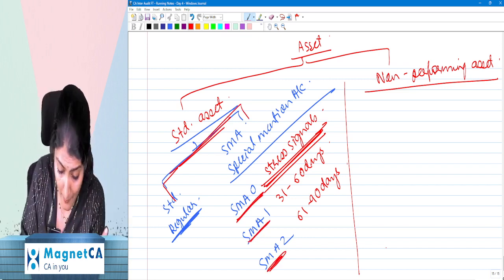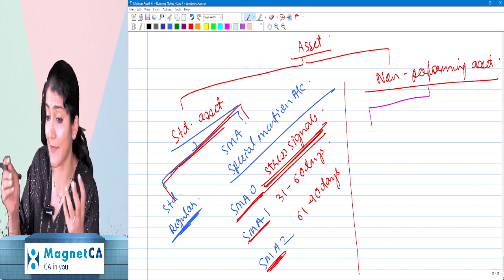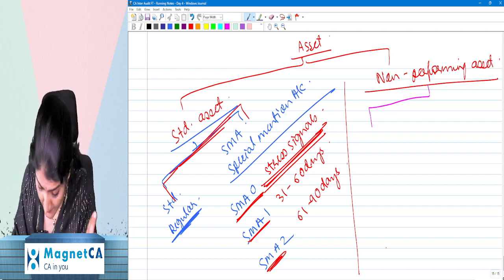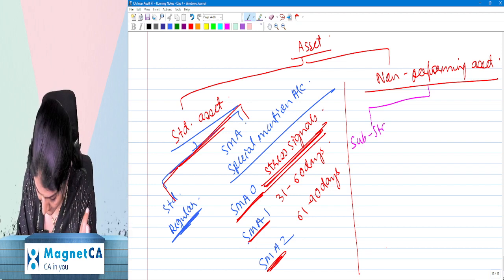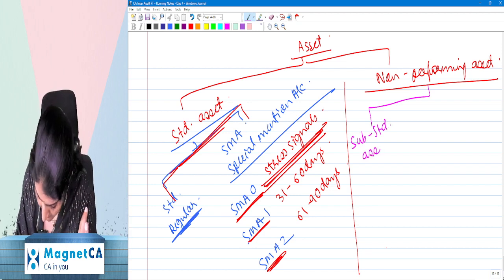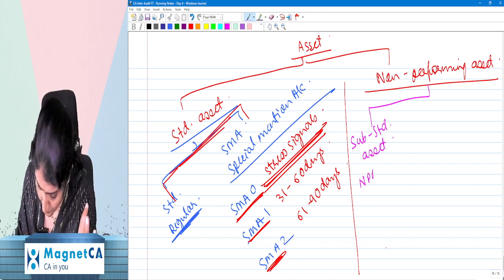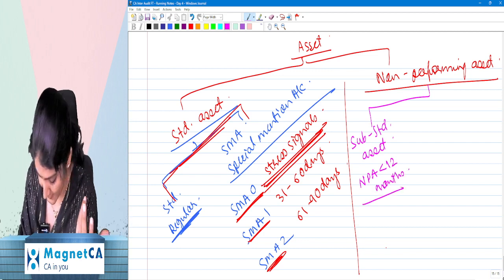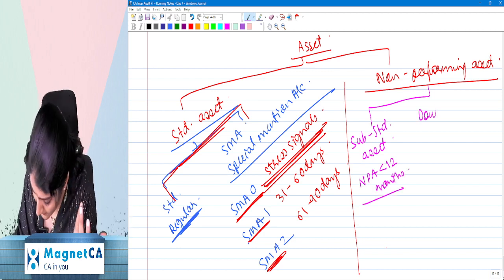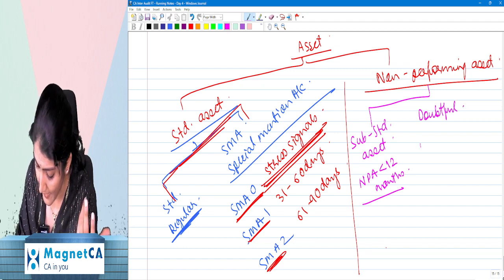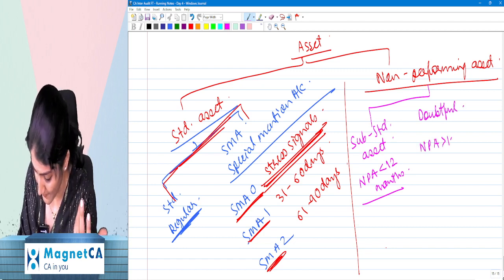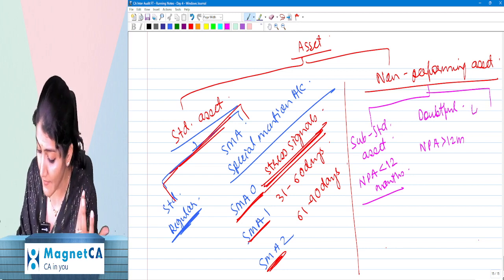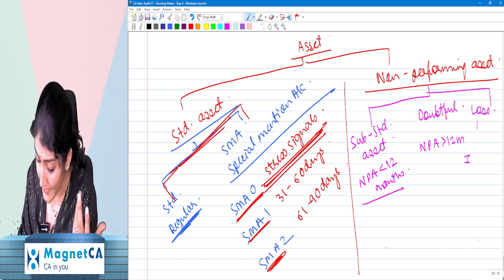And the moment the asset of a bank becomes a non-performing asset, it comes and sits into the substandard category. NPA up to 12 months sits into the substandard category. Then if it continues to remain in the NPA category for more than 12 months, it becomes the doubtful asset, and then loss has to be identified.